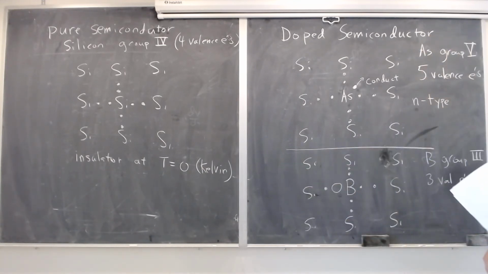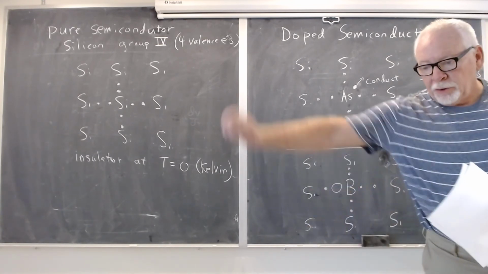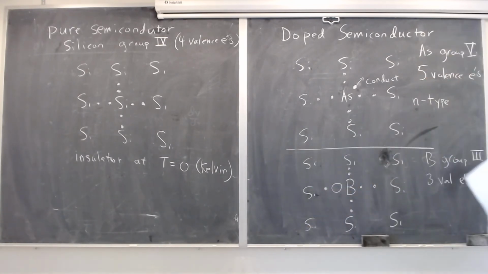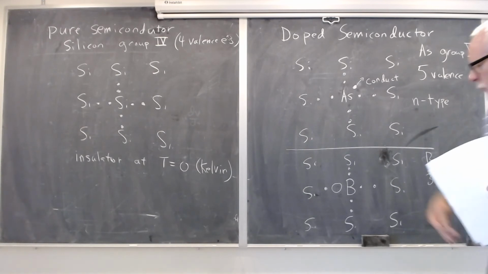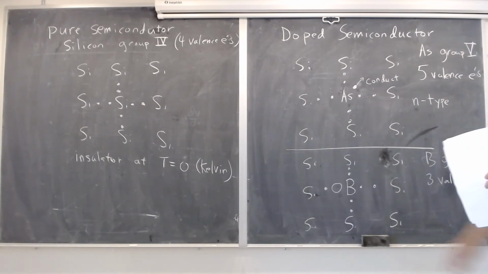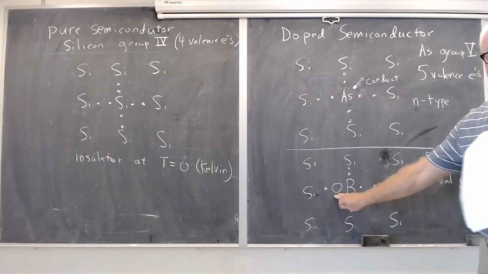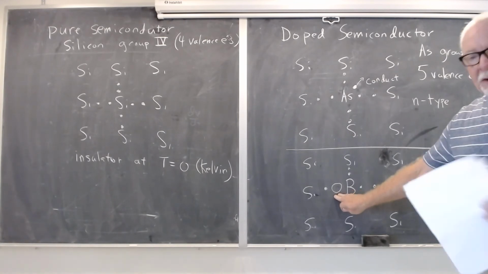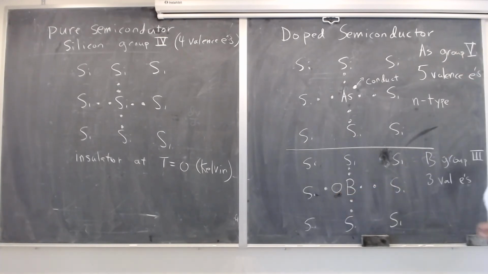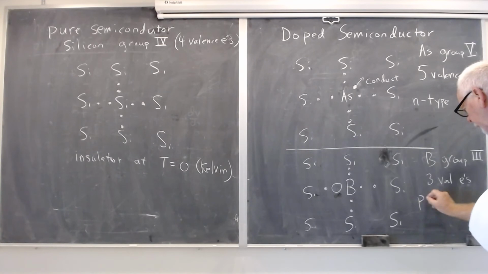And so if you do that, it looks like there's this hole moving around in time. And in fact, if you go through semiconductor physics, you can exactly treat that missing electron as a positively charged particle. And so this is p-type.